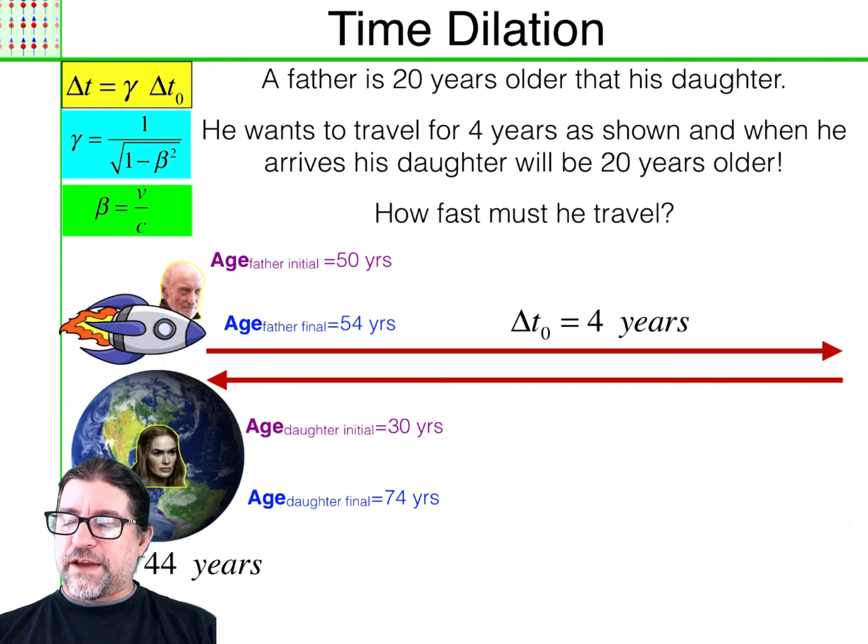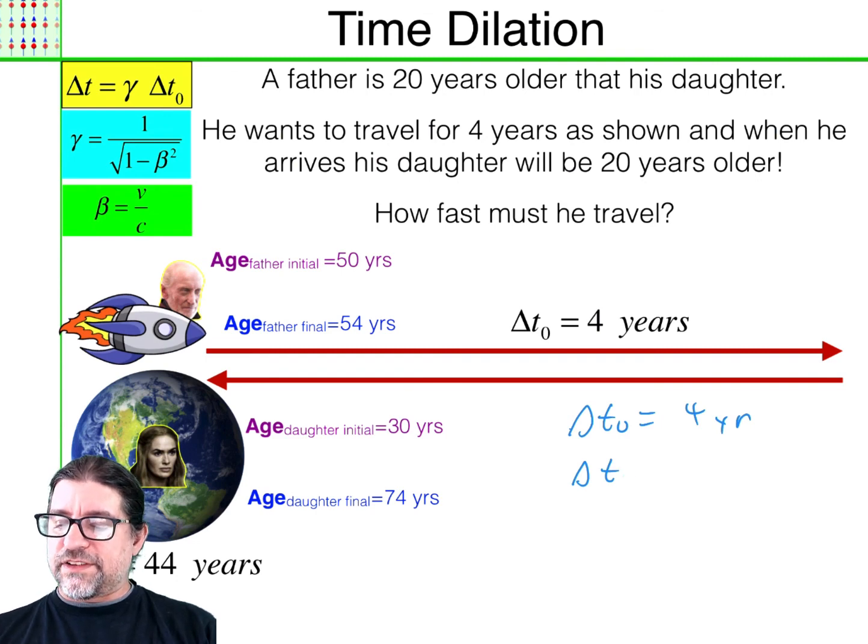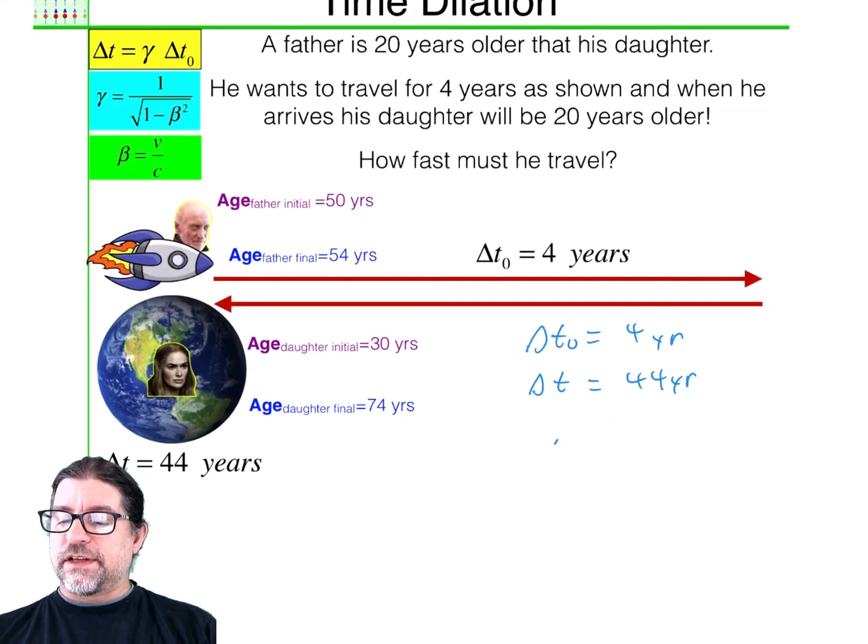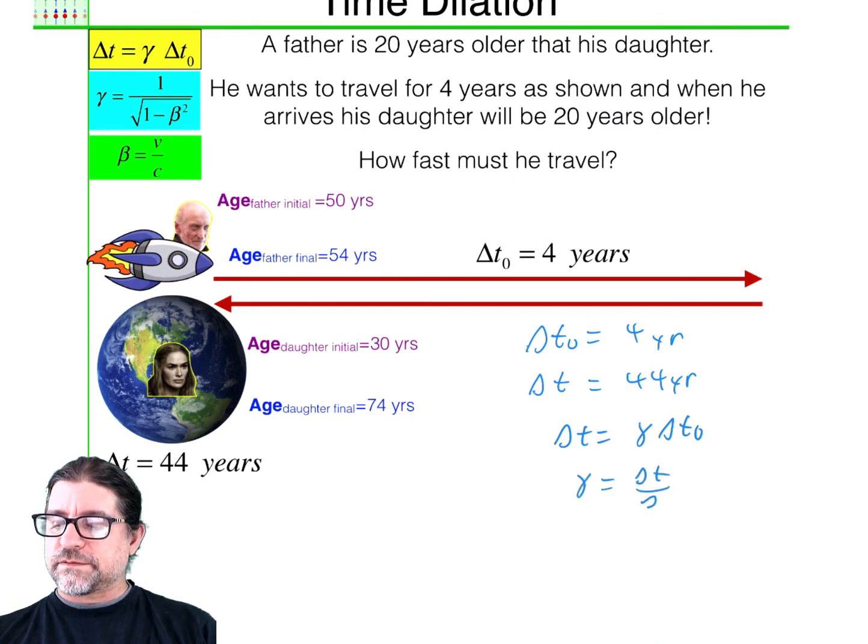So we have delta t naught is 4 years, and delta t for the daughter, who stays behind on Earth, is 44 years. So we can find gamma, right? Delta t equals gamma delta t naught, so gamma is equal to delta t over delta t naught. So that's a gamma of 11, right?